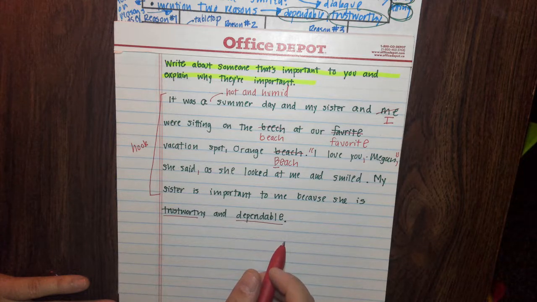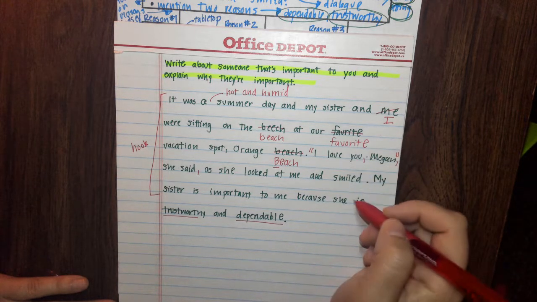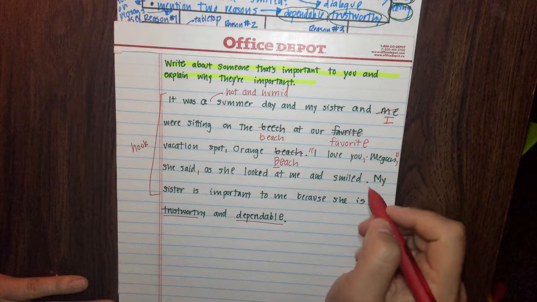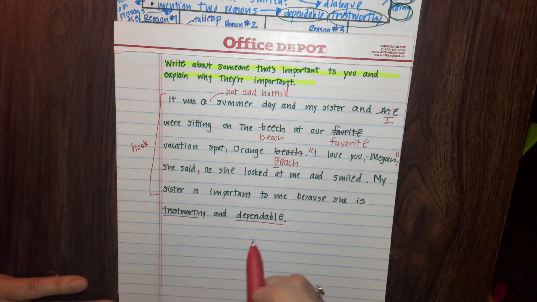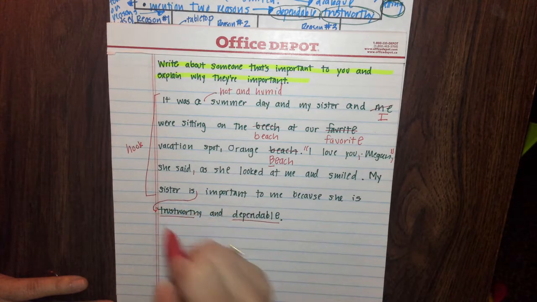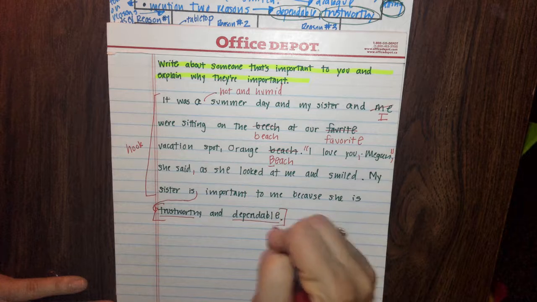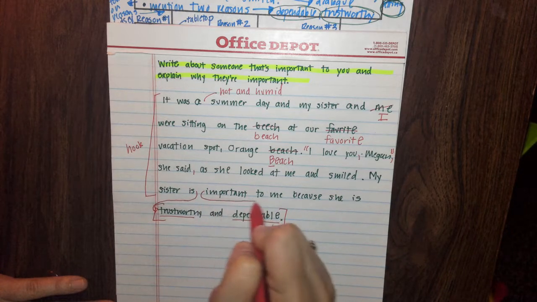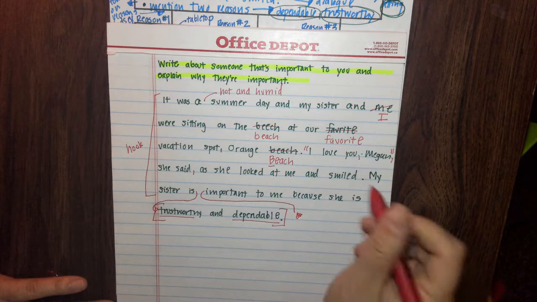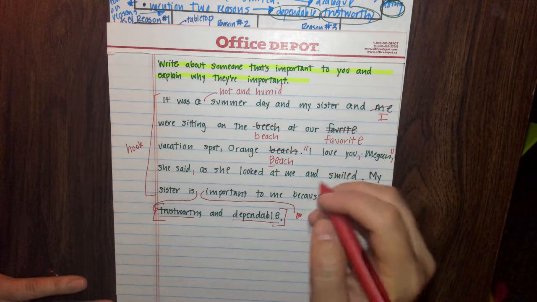So I want to kind of reword that. And this is part of your revising and editing. So I'm going to say, my sister is trustworthy and dependable.